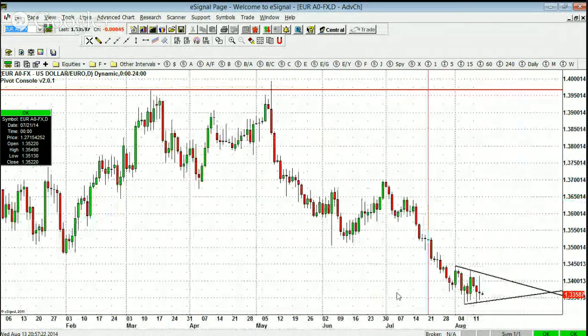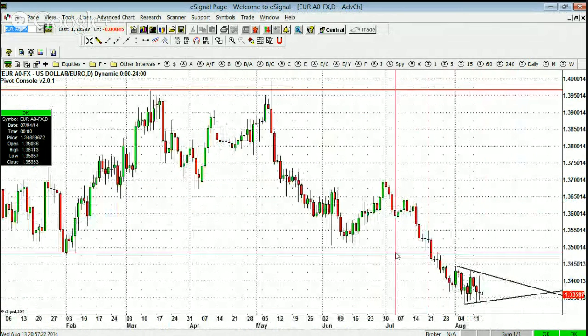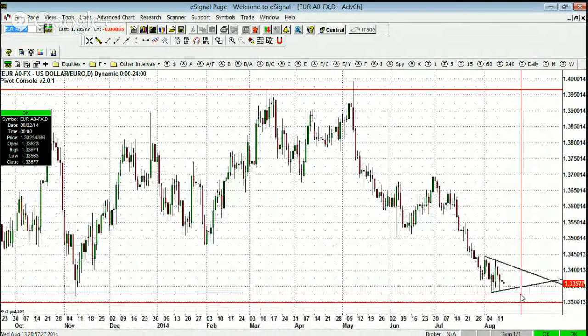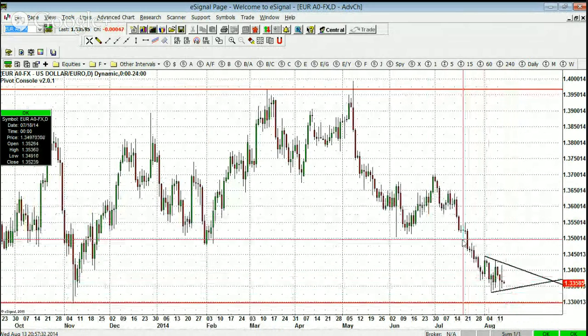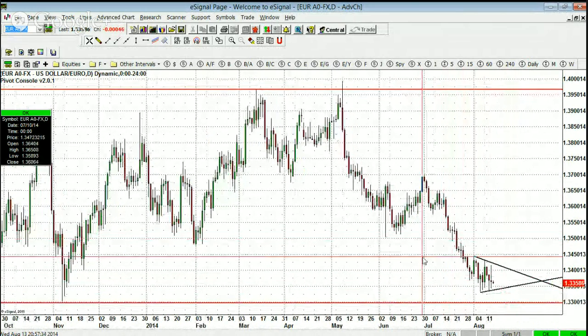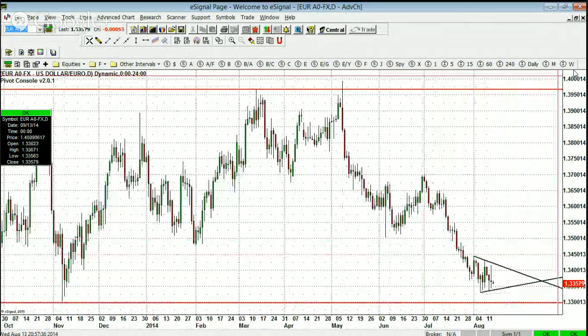The rules of technical analysis are that the market oftentimes breaks below this flag and continues in the direction of the trend. So we have to keep an eye out on that, but the key area is 133.